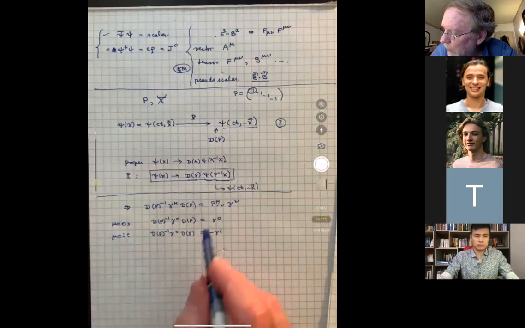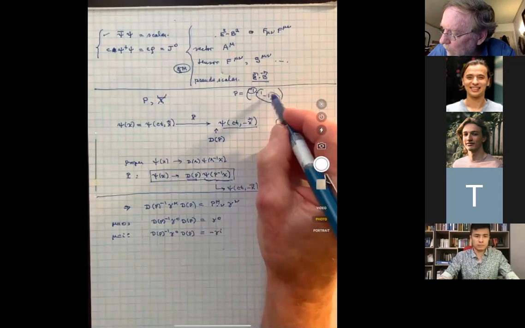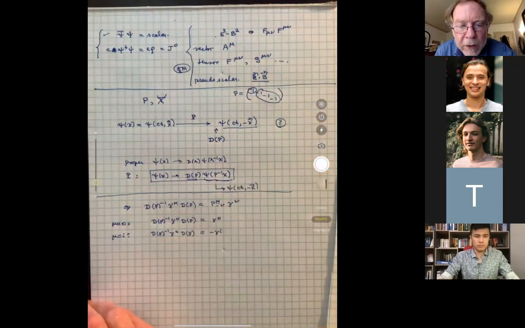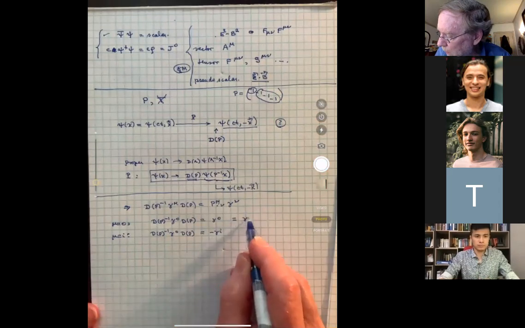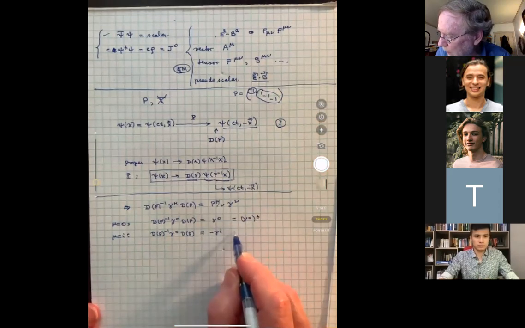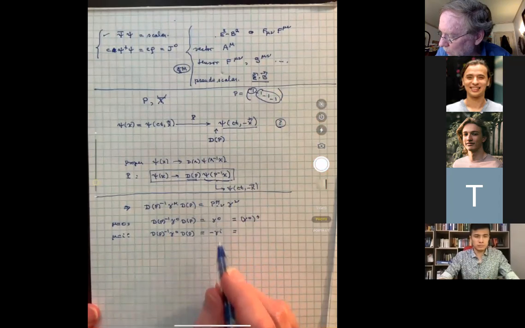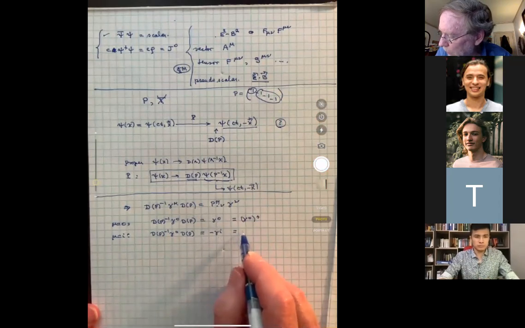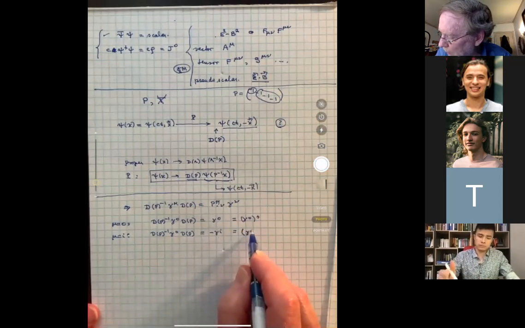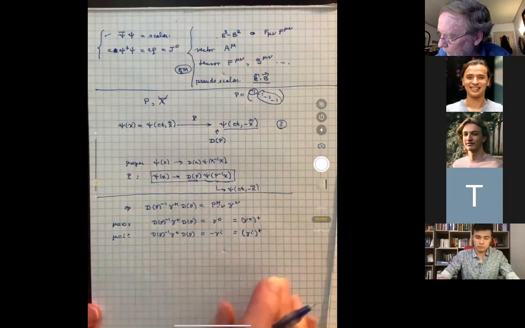These spatial parts change sign because there are minus signs for that part of the spatial inversion matrix. Now gamma 0 is the same thing as gamma 0 dagger, because gamma 0 is Hermitian, but the gamma i's are anti-Hermitian, so minus gamma i is equal to gamma i dagger, like this.